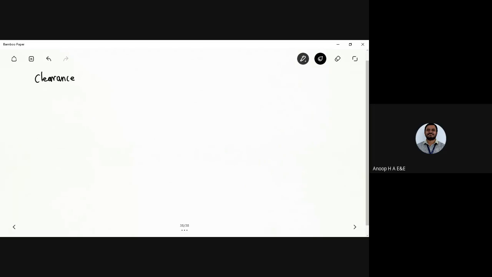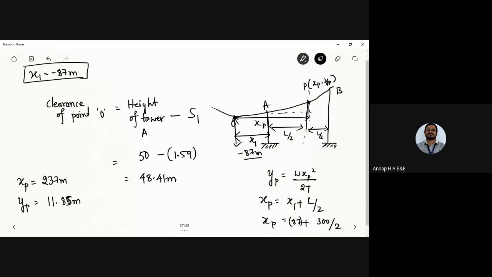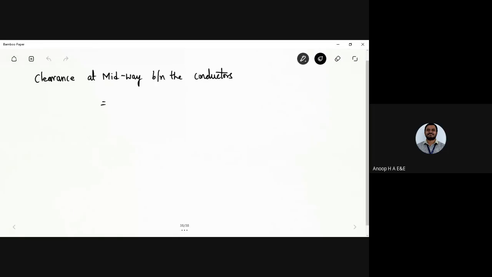First we found the clearance at point O. Now the clearance at midway between the conductors: along with this clearance, you add the vertical distance, which is Yp. So it is 48.41 meters plus Yp.